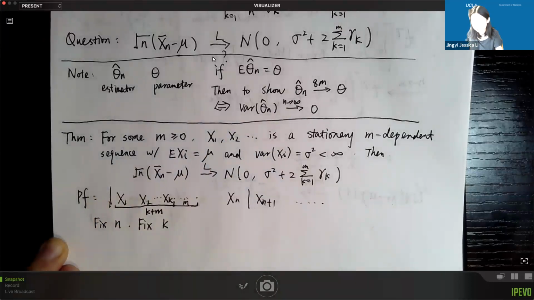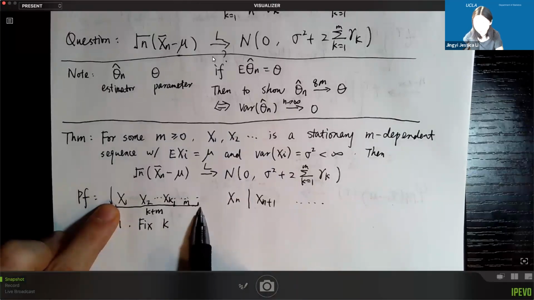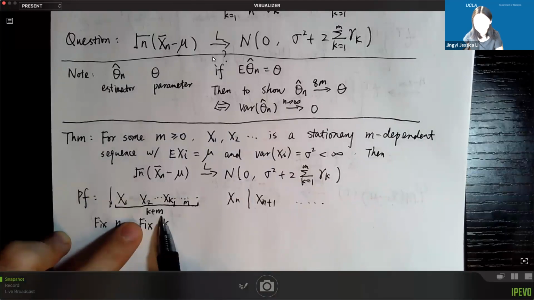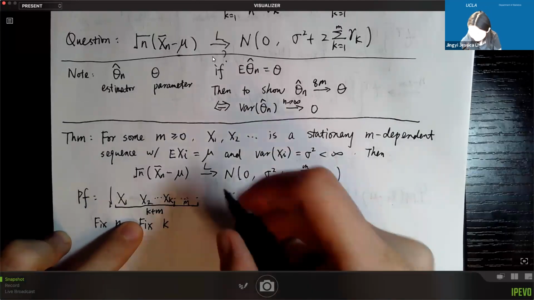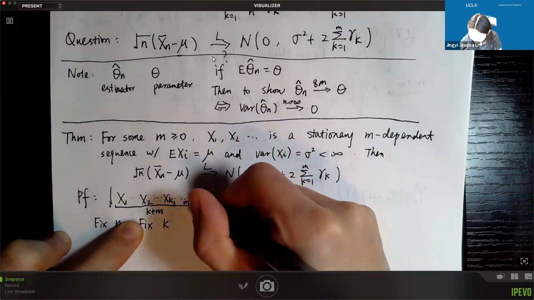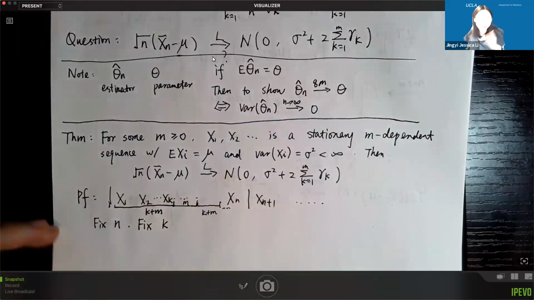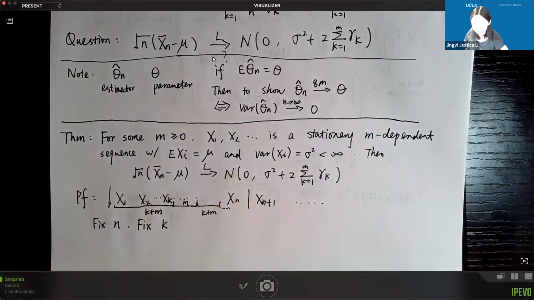And what I want to do is divide my sequence of length n into pieces of length k plus m. So this is k plus m, this is another k plus m, and so on. I'll see how many segments of k plus m I can divide.